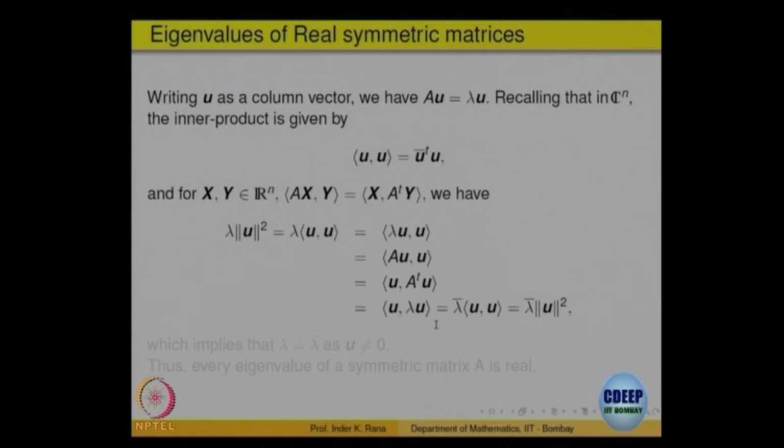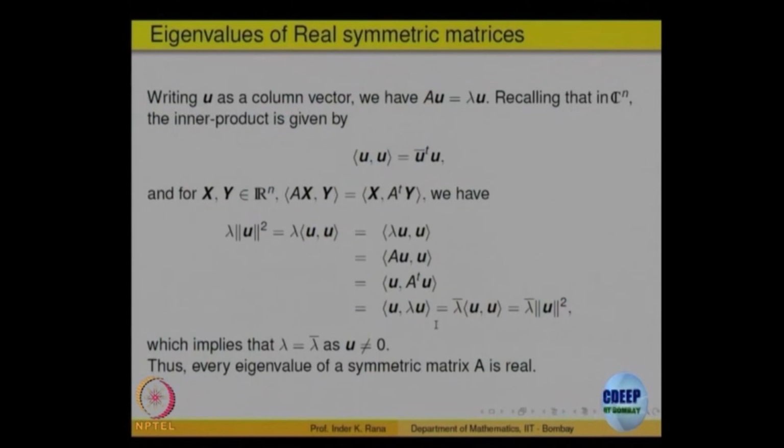So, it is a simple property of the dot product in complex numbers. In C^n, the dot product is not just sigma a_i b_i, it is a_i b_i bar. That only gives you the property that in the second variable, lambda comes out as lambda bar, and in the first variable it remains as lambda.